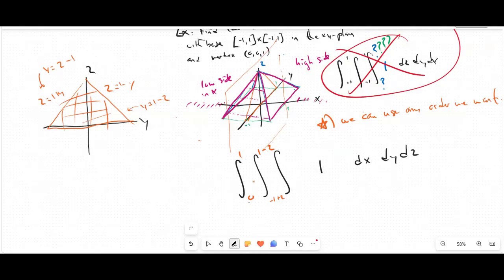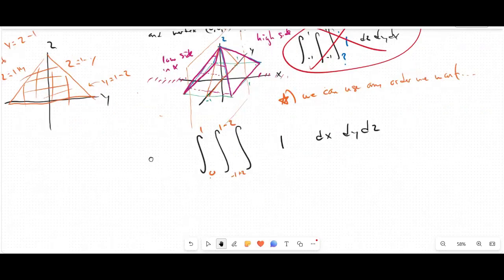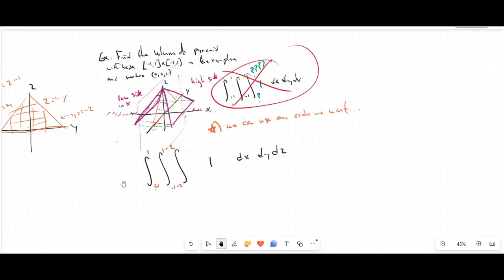Now that we have accurately described the base, which is in the middle of the pyramid in this case, we need to describe the lower and upper planes. There are a number of ways you can work these out, techniques you've seen.